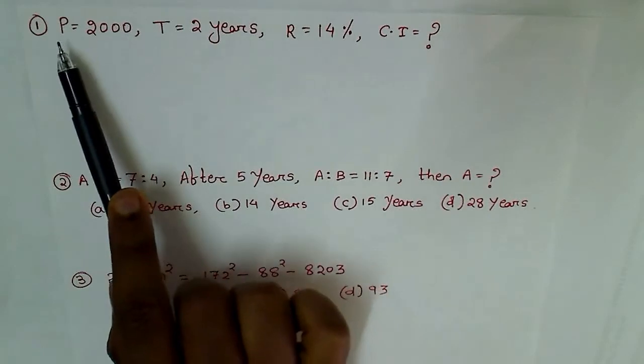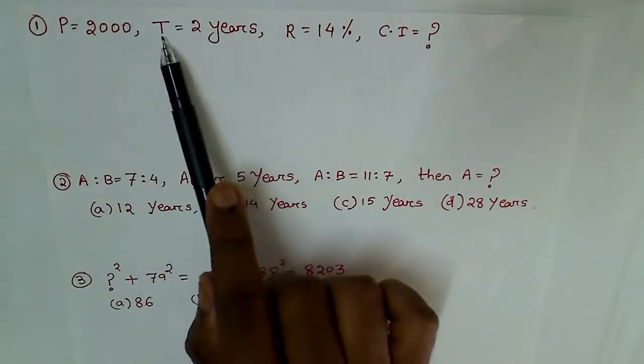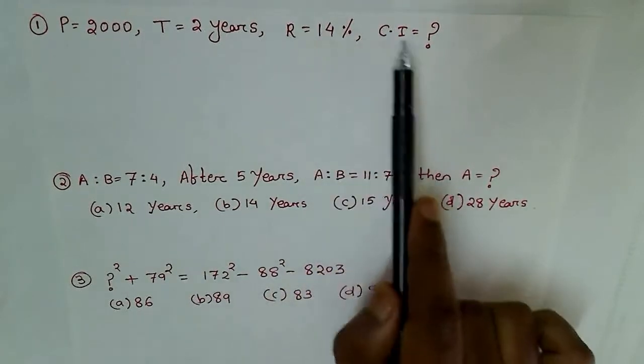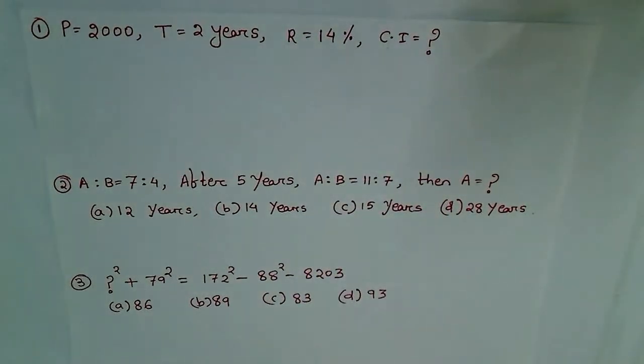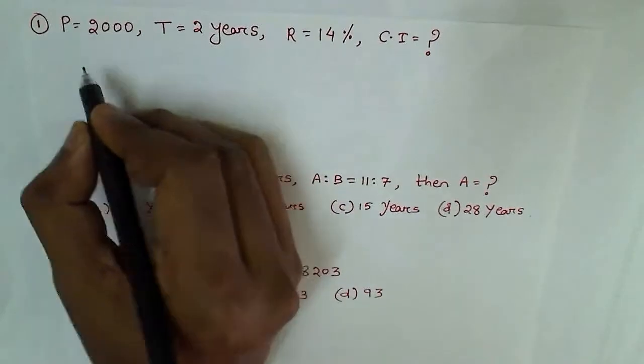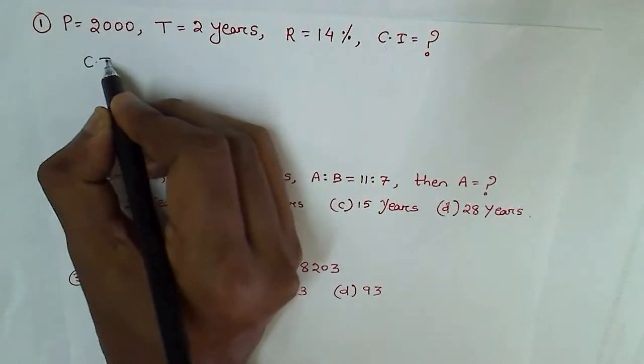The question is: the principal amount is 2000, the time period is 2 years, the rate of interest is 14%, and you have to calculate the compound interest. There is a conventional method where we directly apply the formula.